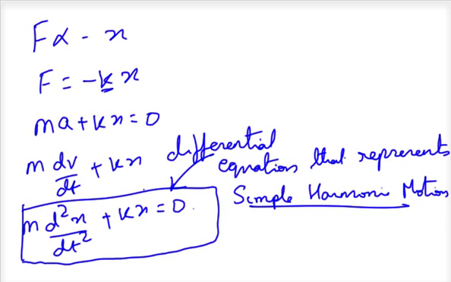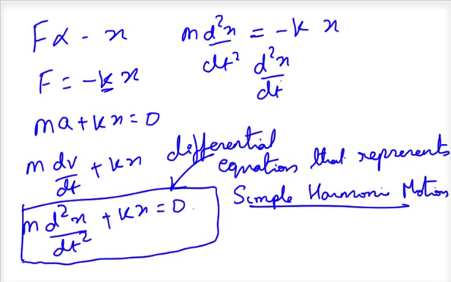The solution to this will give you the value of x, that is, how x changes with time. Okay, so this is a differential equation and we'll try to solve it. Now what we are saying is m into d squared x by dt squared is equal to minus kx, or d squared x by dt squared is equal to minus k by m into x.